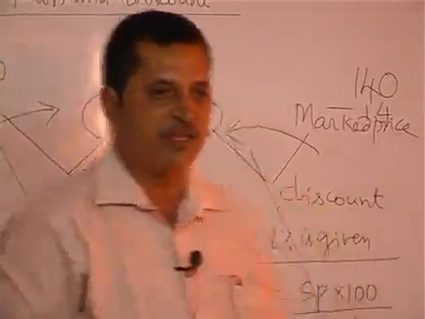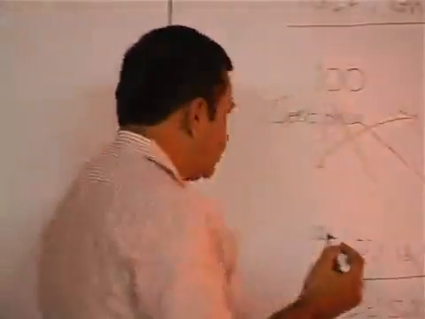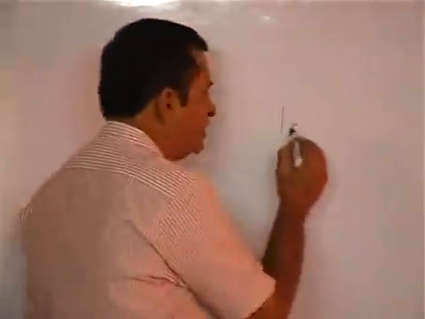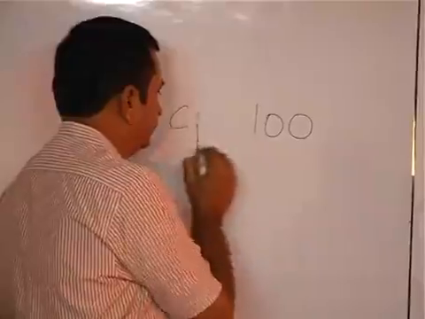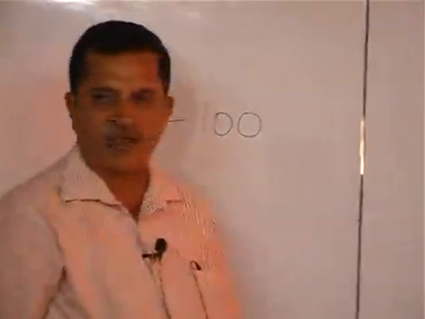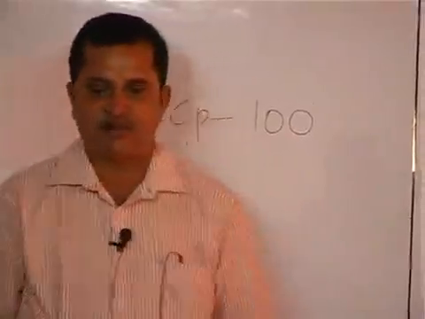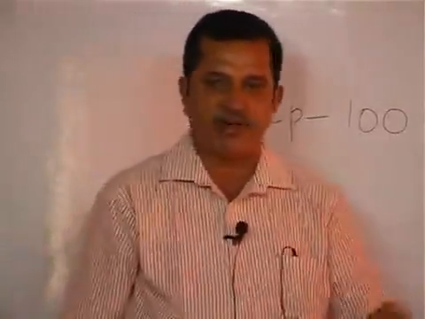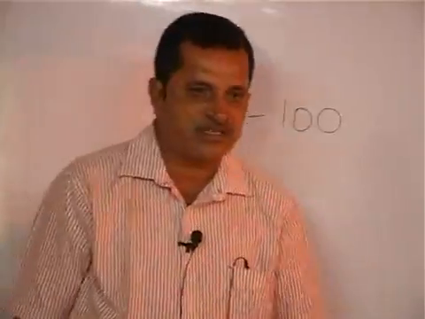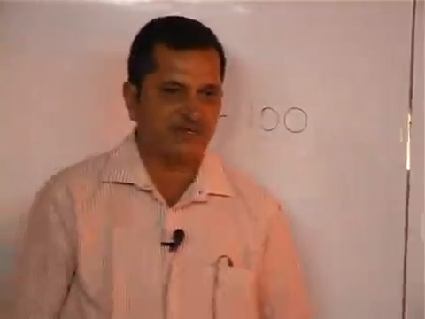Our concept is, assume the cost price always as 100. Cost price means investment price, the original price. Whether he sells for a profit or he sells for a loss, it all depends upon his caliber, isn't it?